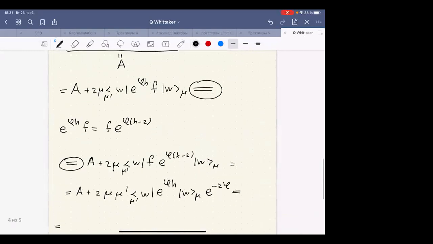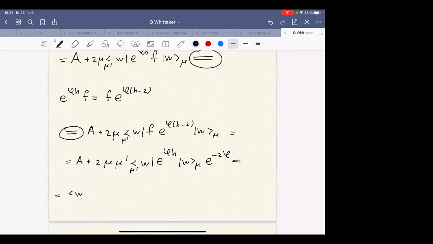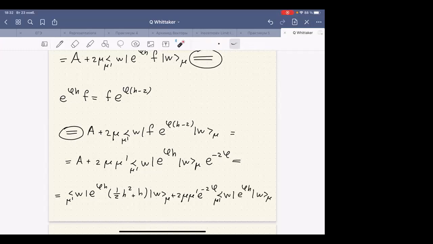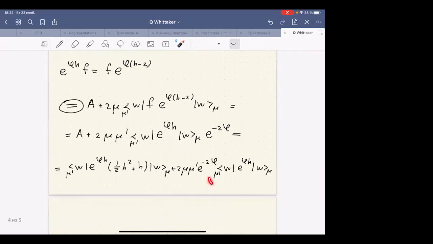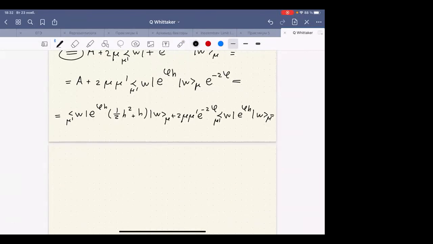So I write everything explicitly now. Then this is a Whittaker vector itself, and this is a differentiation of the Whittaker vector, and we can write it in the following way.